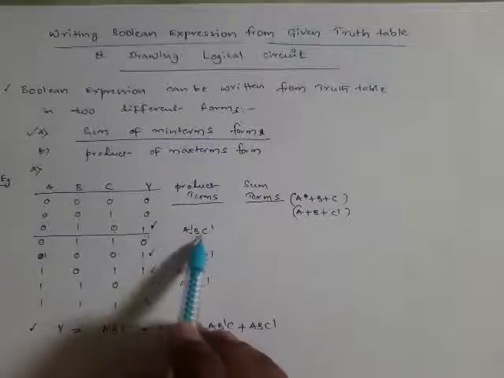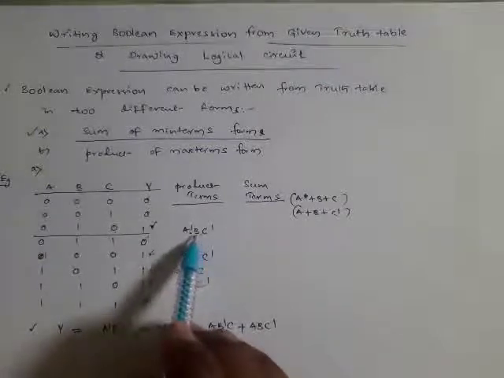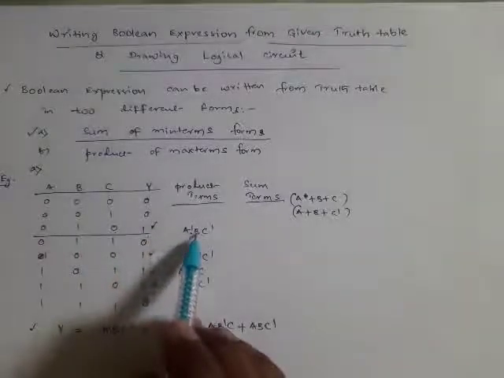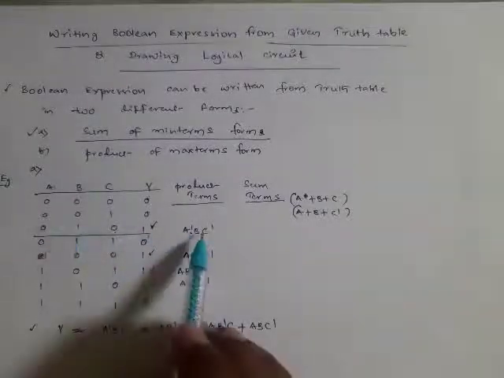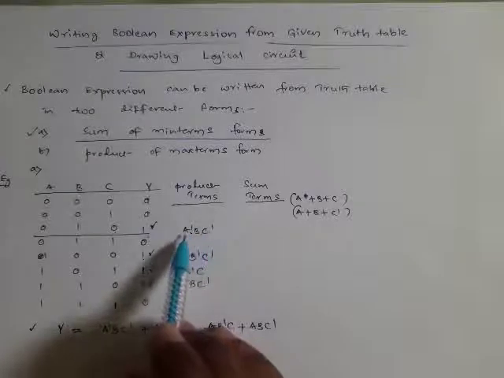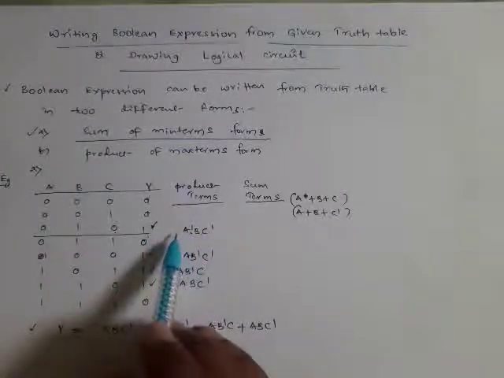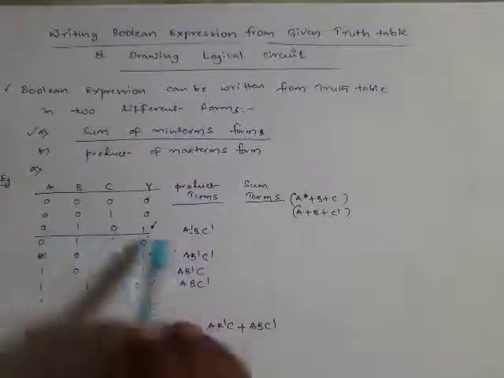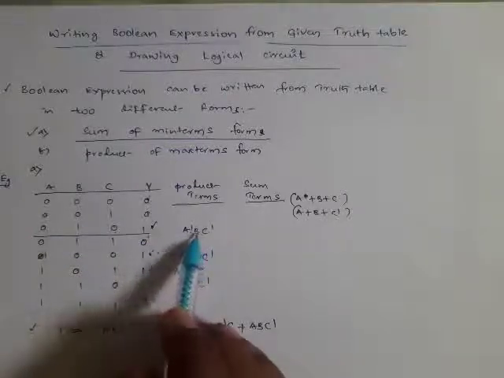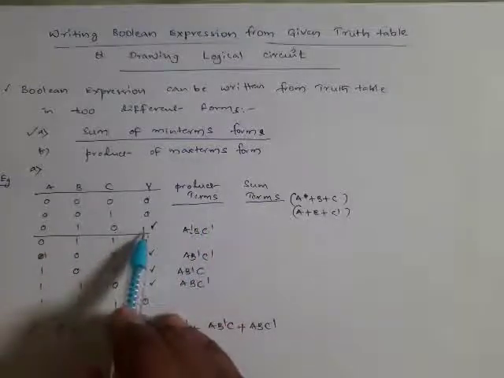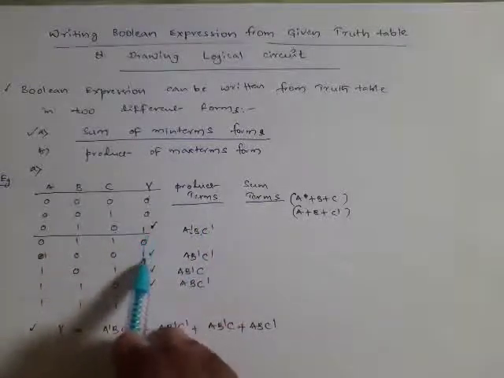While writing product terms, we wrote the variable as it is when its value is equal to 1, and in its complement form when its value is equal to 0.